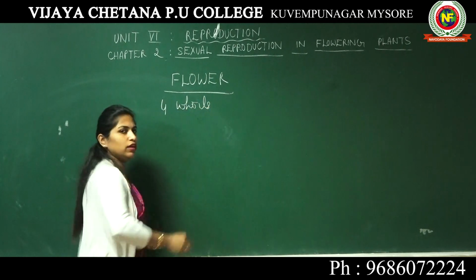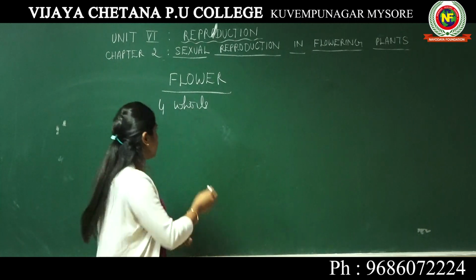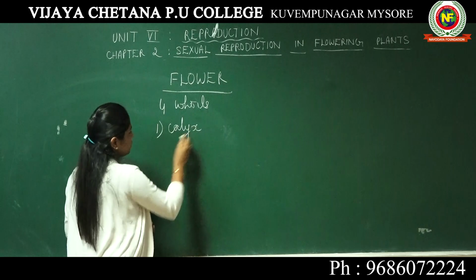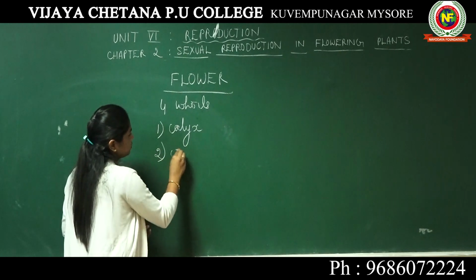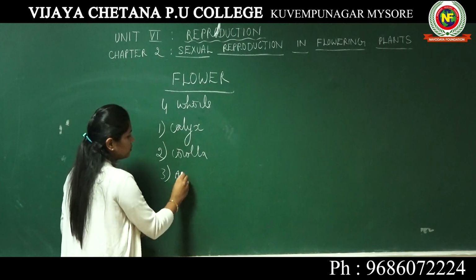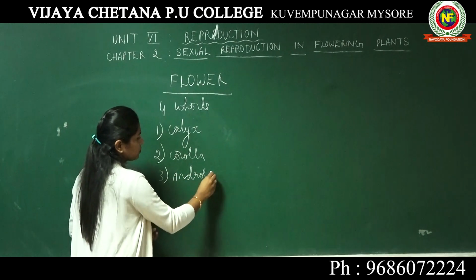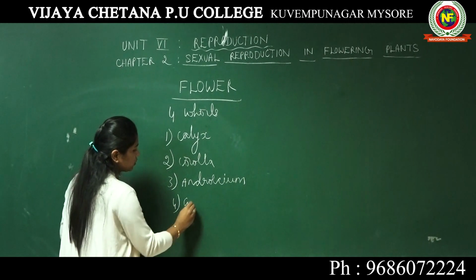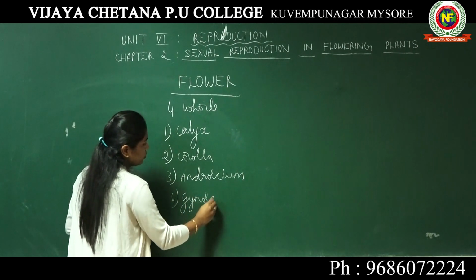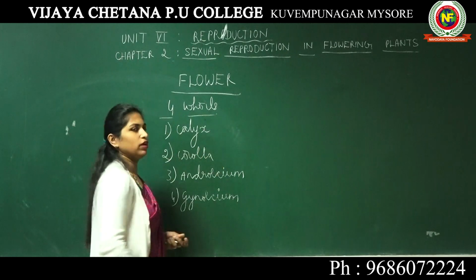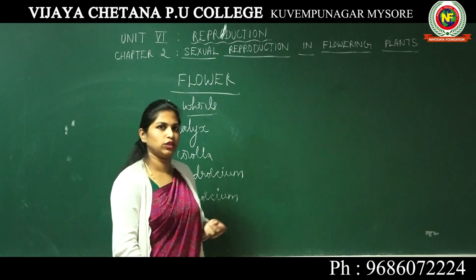In a flower we will find 4 important whorls. One is calyx, second one is corolla, third one is androecium, and the fourth whorl of a flower is called gynoecium.